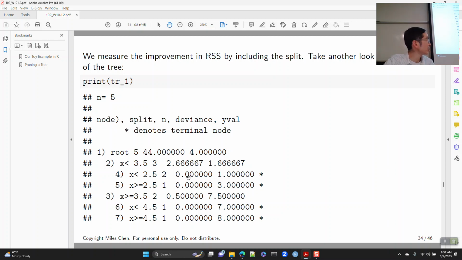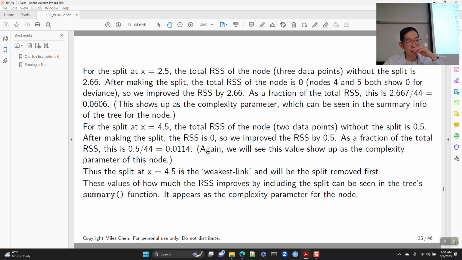After the split, we brought our RSS down to 0. Then the split at 4.5, prior to the split, we had an RSS of 0.5. After the split, we have an RSS of 0. So our improvement there is from 0.5 down to 0, and here it goes from 2.66 down to 0. So this one has less improvement than this one over here. Okay, so that's how it goes.